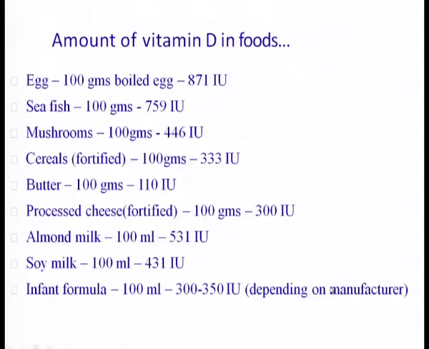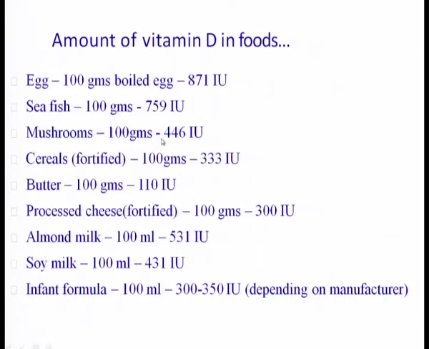So you see over here, this is a brief component, we have already seen this, but here you find typically the international units. For 100 grams of egg, you have about 871 international units. Sea fish has a very good amount, like 700 units.